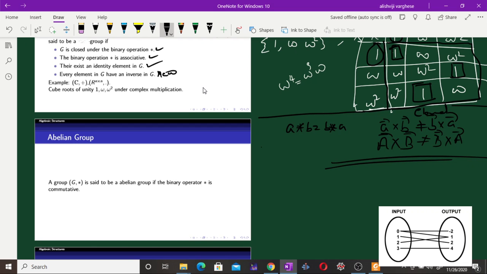And the addition and multiplication on the set of all real numbers and complex numbers are abelian, or they are commutative, and therefore they are said to form abelian groups. Anyhow, the concept of abelian group can be extended to abelian monoids also. If a monoid has this commutative property, then we say that it's an abelian monoid.